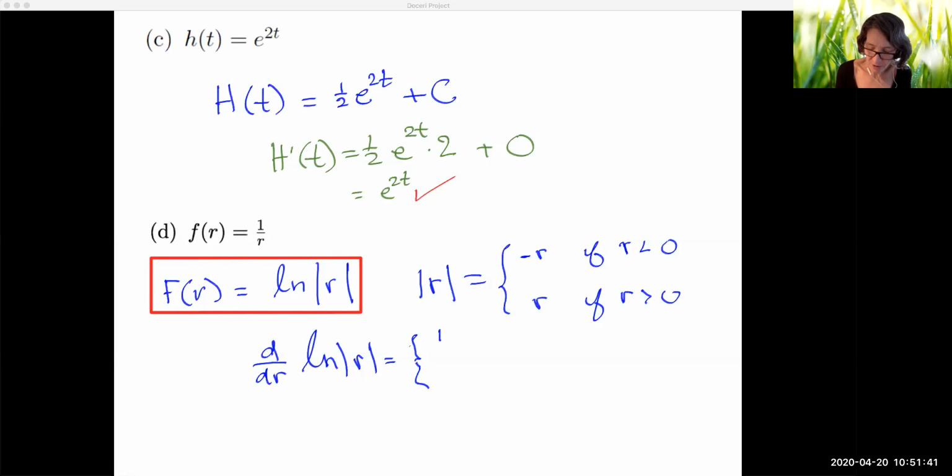Let me back up here. This is going to be a piecewise derivative. It's the derivative of the natural log of the opposite of R, if R is negative, and it's the derivative of the natural log of R, if R is positive.